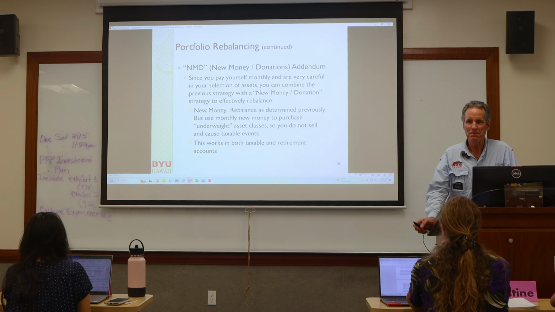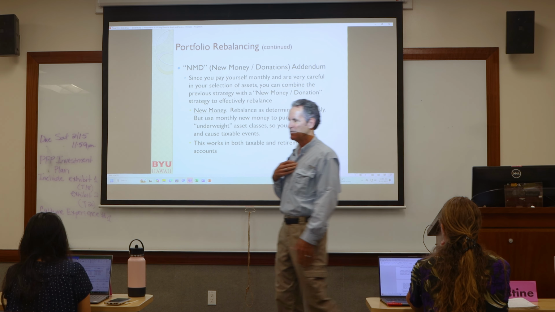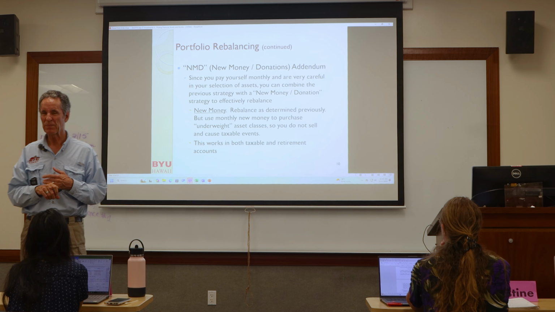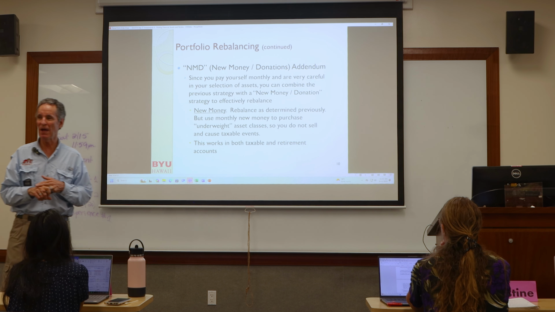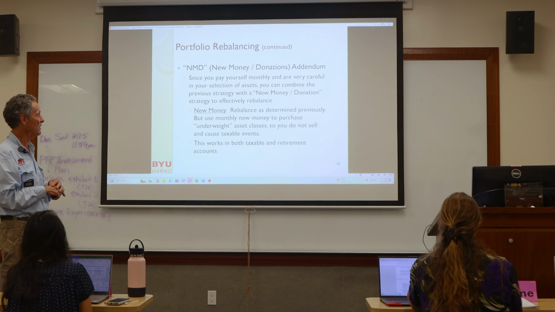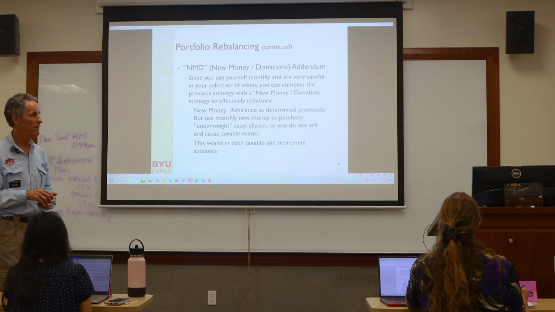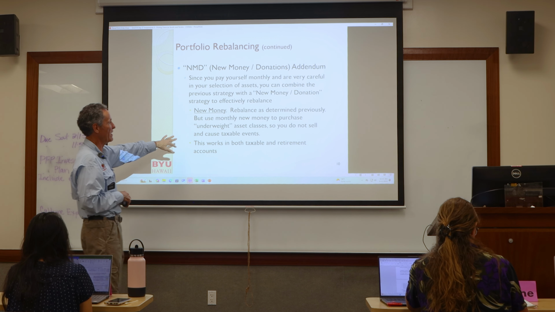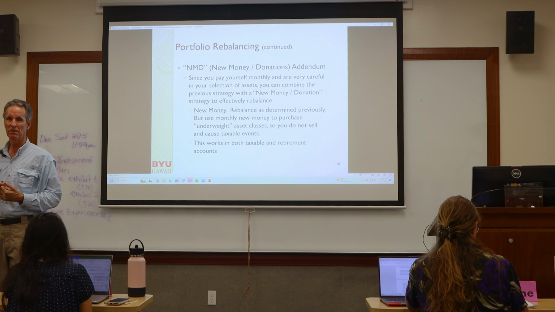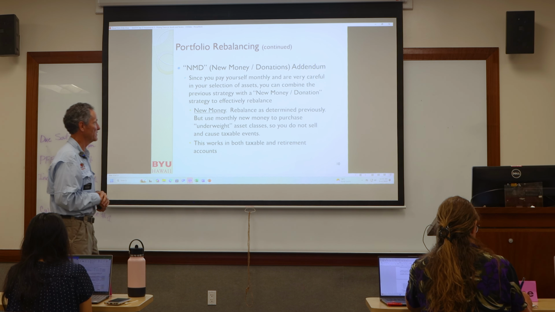Since we pay ourselves monthly and we're saving 10 to 20%, generally we recommend that after you have your emergency fund, or if you're in the US, after you have your down payment on the home, you've got money coming in every month. What you do is you just buy your underweight asset classes, the asset classes that you're a little bit low in. Generally, these are the asset classes that have not performed.